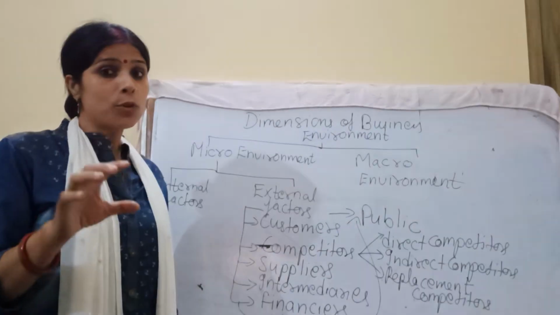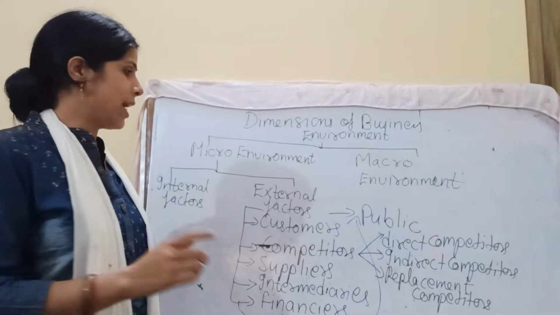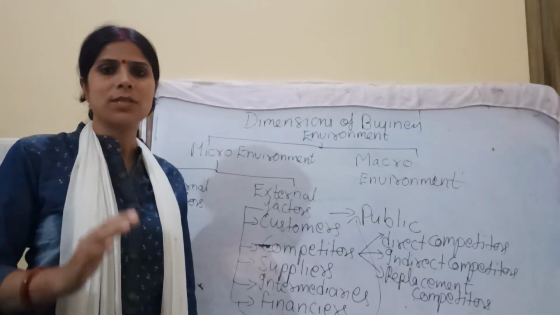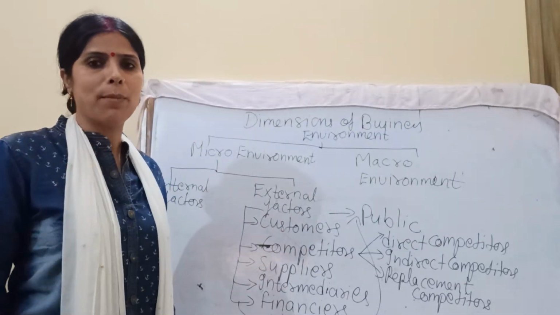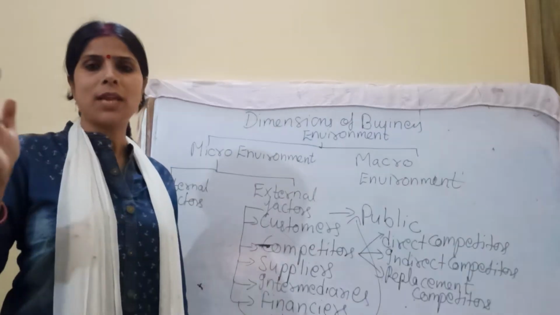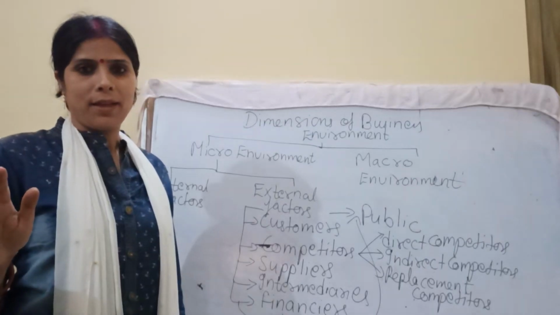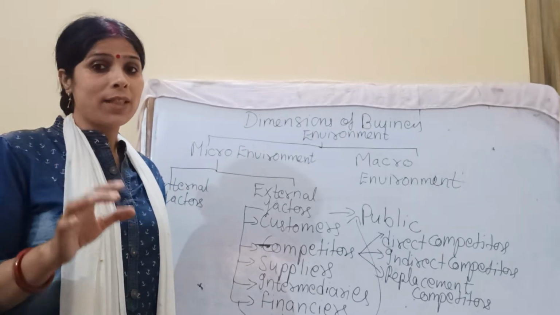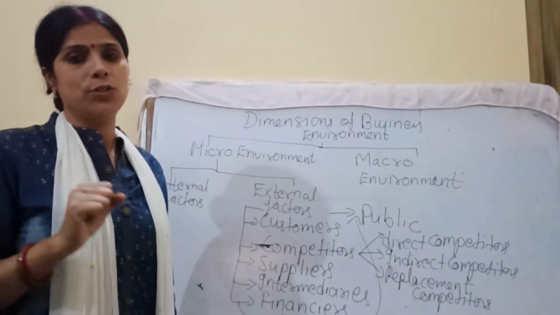So they are able to maintain their image because they are satisfying the needs of the customers as well as all these environmentalists and media persons and everybody. And that is why they are able to build up a good image.